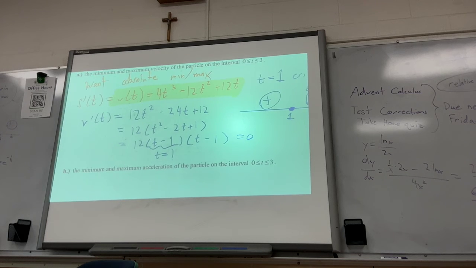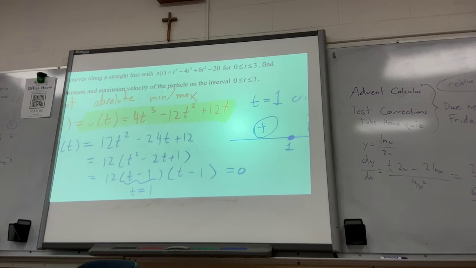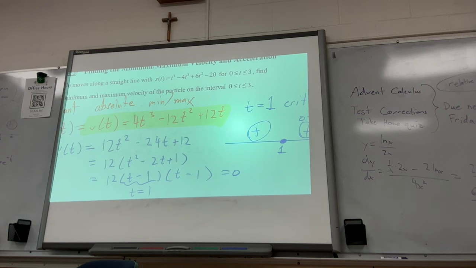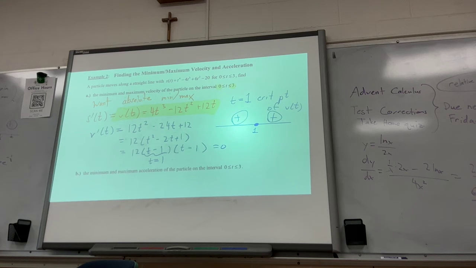So we don't actually have to worry about that. So we just have to plug in what then? 0 and 3. So we're not looking at v prime of 0 and 3, we're looking at v of 0 and v of 3. So v of 0 is going to be 0, right? V of 3, let's use my calculator.